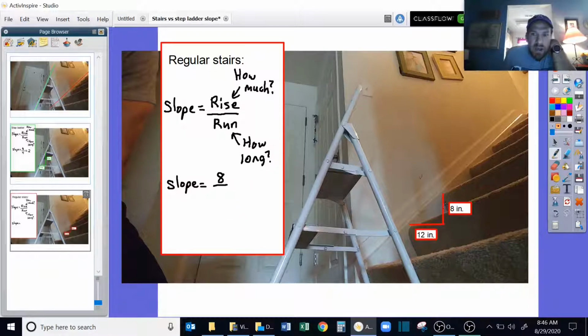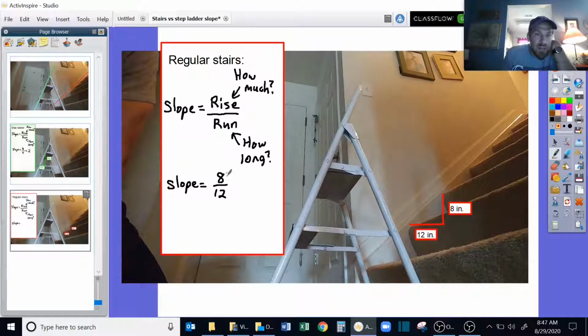But in the case of the regular stairs, the slope is not as steep. It's going to be lower because it took longer. I had to run forward 12 inches. 12 is my run here. I had to run forward 12 inches just to rise up that same 8 inches.